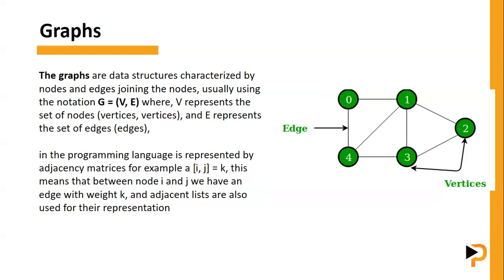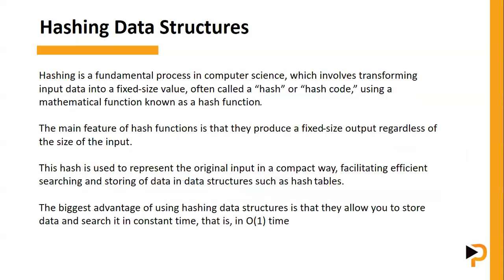So let's go ahead. Now, hashing data structures. This is one more important data structure, and it is well implemented in ASP.NET in the form of dictionaries, key values, and sets. Hashing is a fundamental process in computer science which involves transforming input data into a fixed size value, and often that particular code is called a hash.